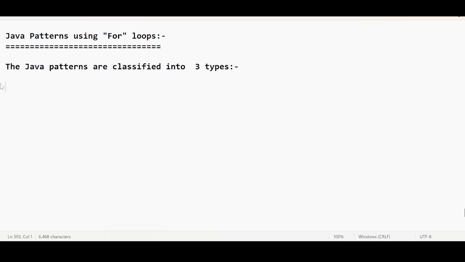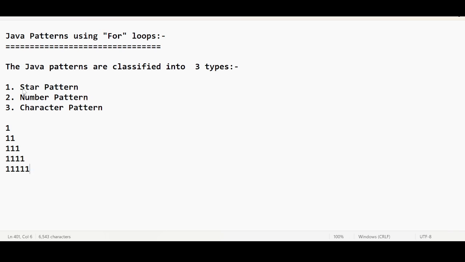So I would say that the Java patterns are classified into three types. The first one is the star pattern. The second one is the number pattern. The third one is the character pattern. The number pattern would resemble like this: 1 1 1 1 1 1 1 1 1.